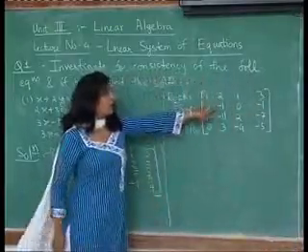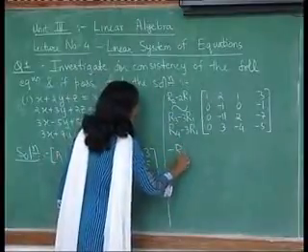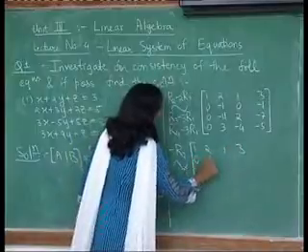Next, I need to bring a leading one in this position. So the best thing to do is to multiply the second row by minus 1. That way we change the signs throughout.